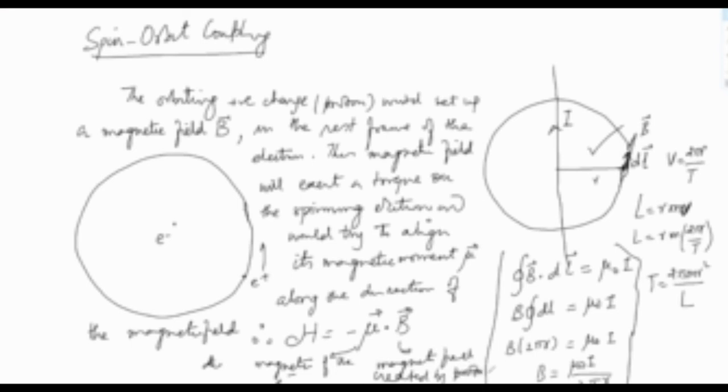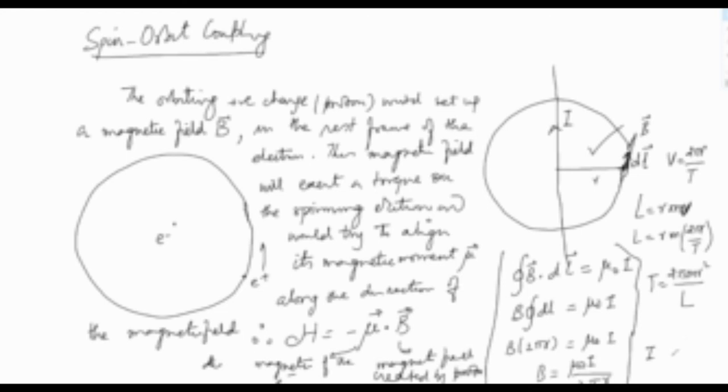Now the important point is that B which we derived in this case would remain the same, because now the proton is moving around the electron, and B is equal to mu naught I by twice pi r. What is the current?